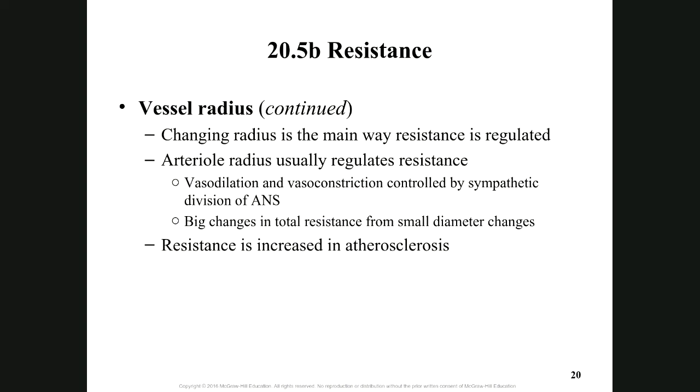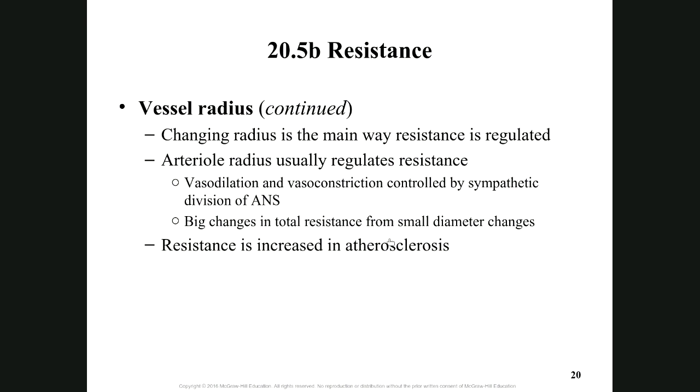And you know that our body can change the diameter and the radius of the blood vessels. The arterial radius usually regulates the resistance. Vasodilation and vasoconstriction can be controlled by the sympathetic part of our autonomic nervous system, and it can make a big change in total resistance.